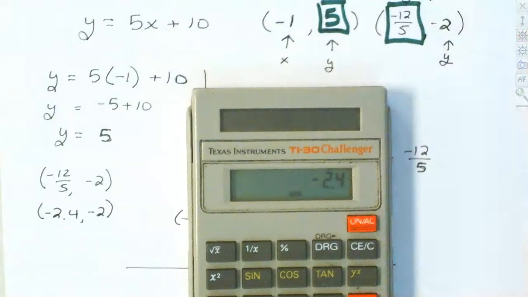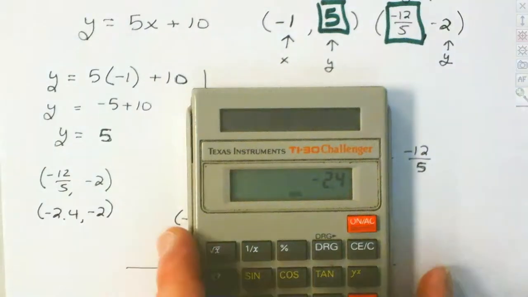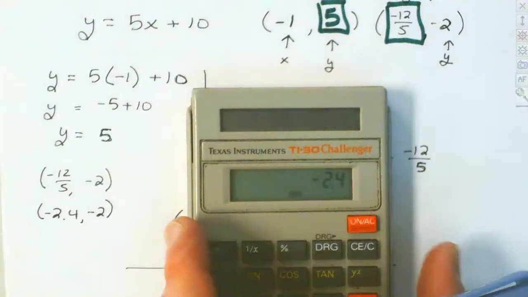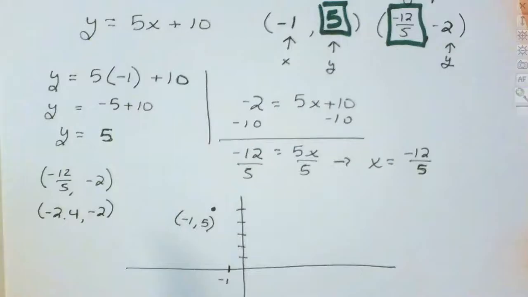And what do we know about that -2.4? Well, that is in between -2 and minus what? 3. So we just kind of guess about where it's at. It's about halfway in between the two. So -2.4 for x, and y is negative 2, so that would be back about 2.5, so right about there, down 2 units. And that's going to put that dot, well, let me get it in the right place. That's going to put that dot right about there.